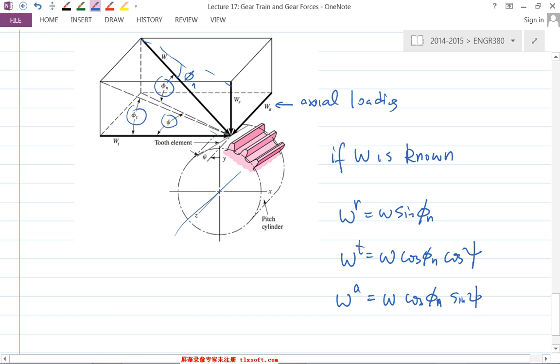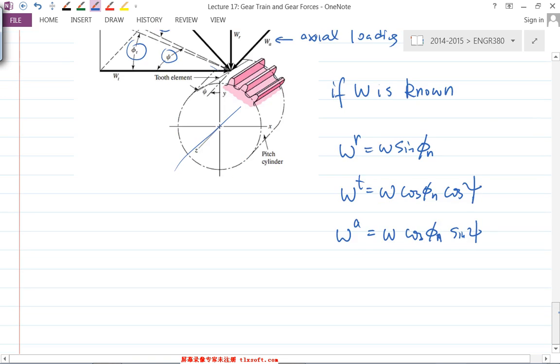Often, what you know, your starting point, is WT. Why is that? Because the user will give you a horsepower. They tell you, this is how much horsepower I want it to be able to carry, and this is the angular velocity I want the shaft to rotate at.